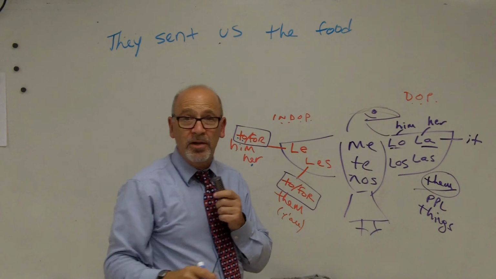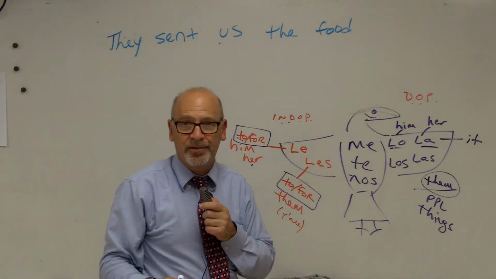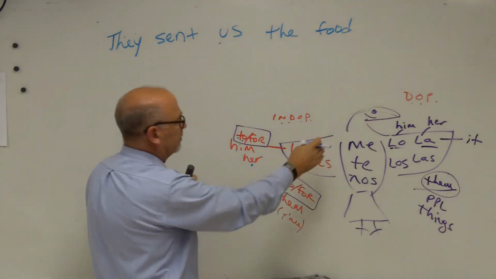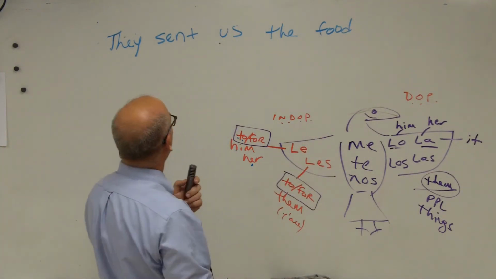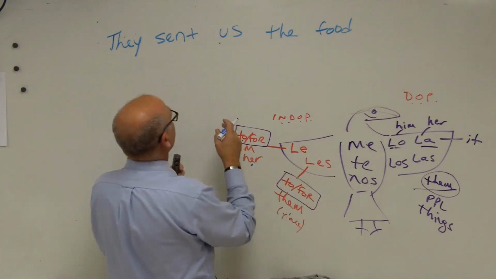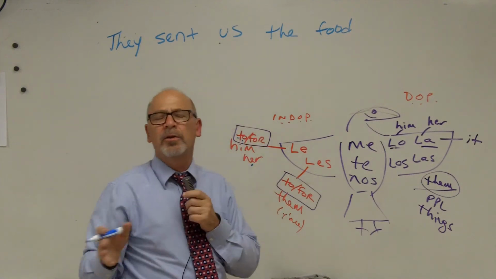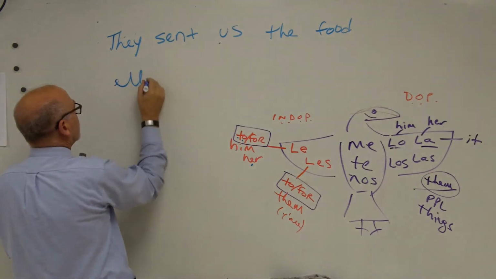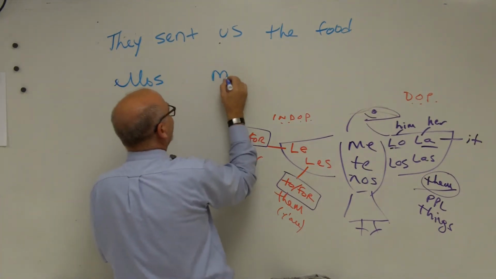Okay? Hey, man, they sent us the food. Did they send us the food? Yeah, they sent us the food. Let's do this, okay? Because we've got a bird word here. No, better yet, they sent... Yeah, they sent us the food. Let's end on a simpler note. Okay, they sent. Ellos mandaron.